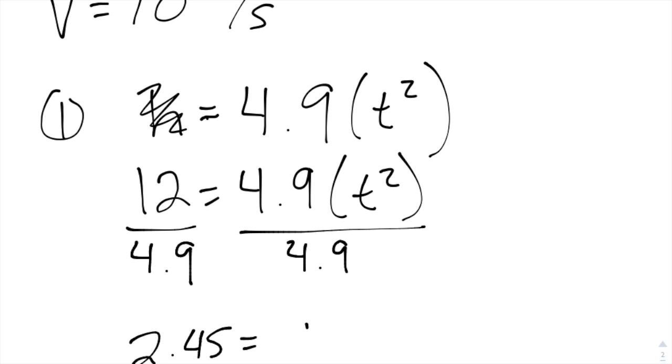2.45 equals t squared. Now to get rid of the square, I do the opposite, which is taking the square root of both sides. If you don't know how to do the square root on your calculator, let me know and I can help you.